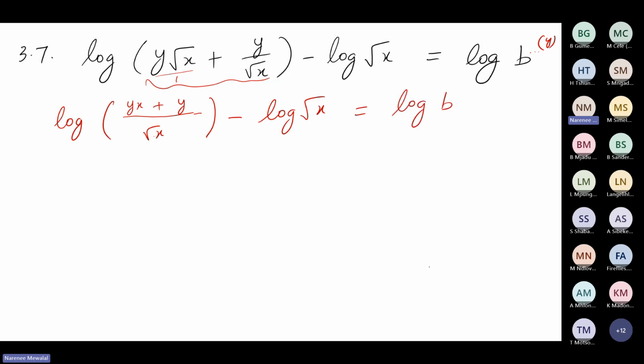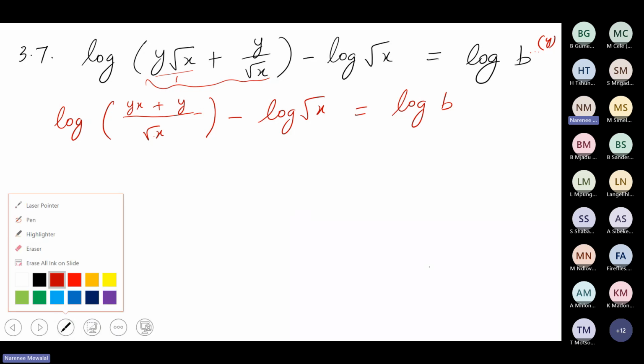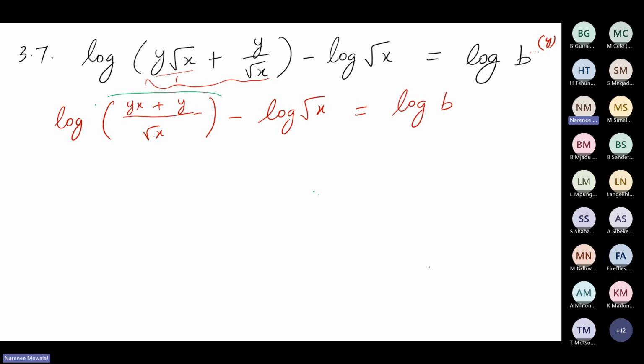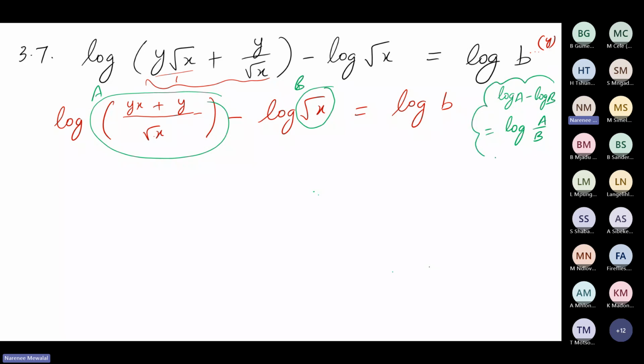Then now you've got a situation where this is the equivalent of A, and this is the equivalent of B. And you know that log A minus log B is equal to log of A over B. So that is the rule that we're going to apply here.